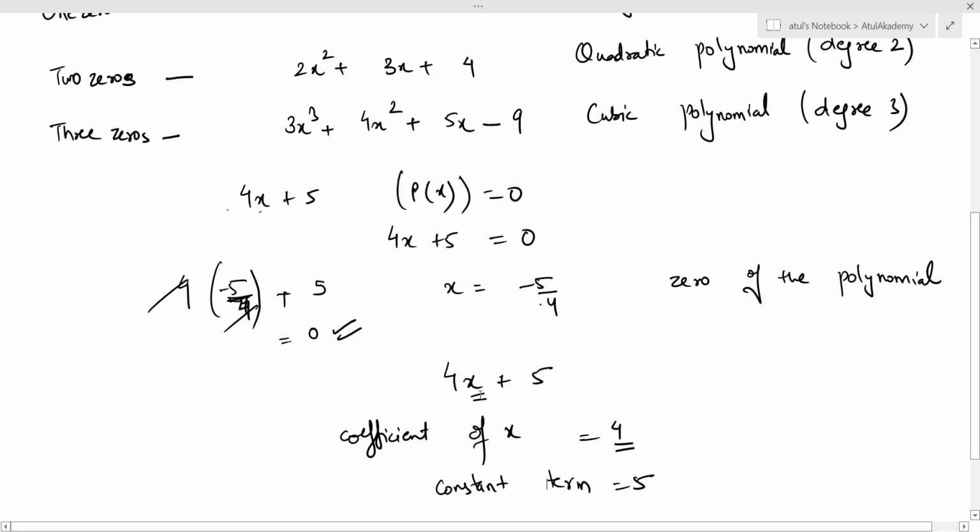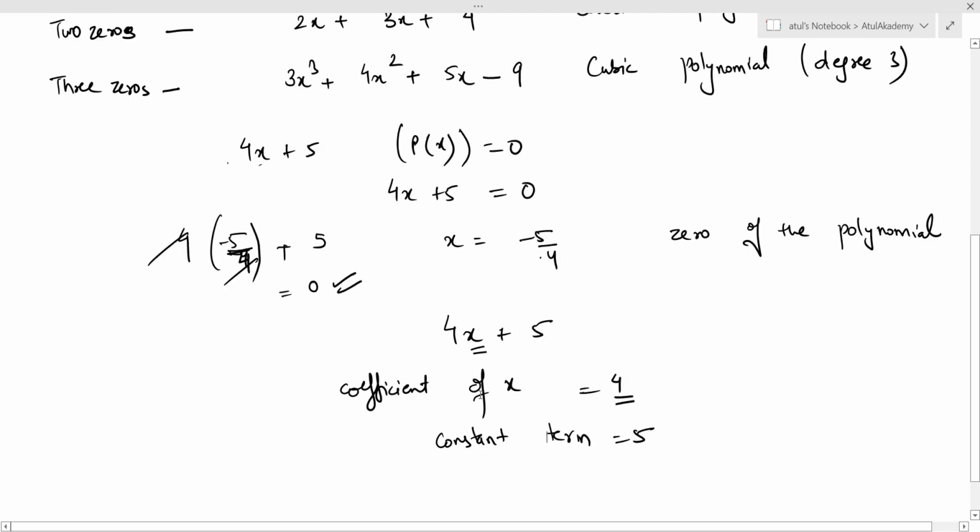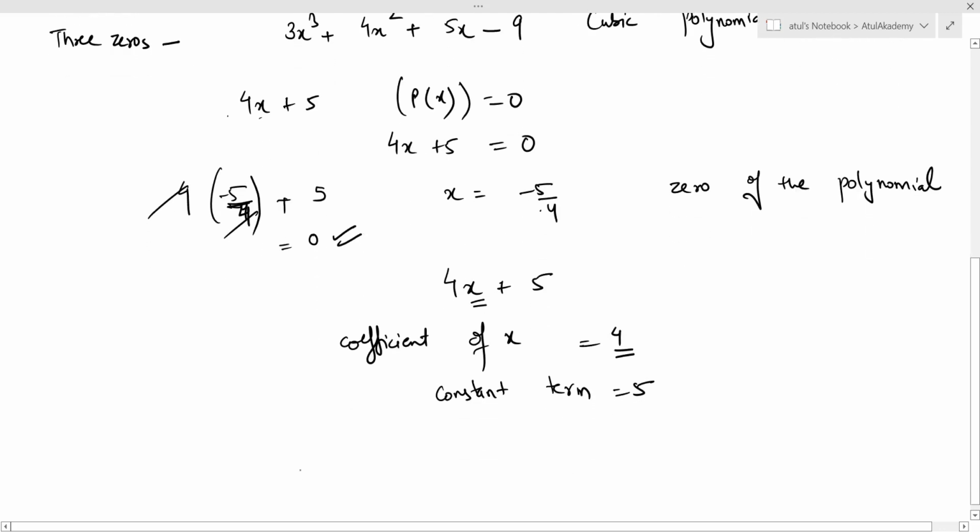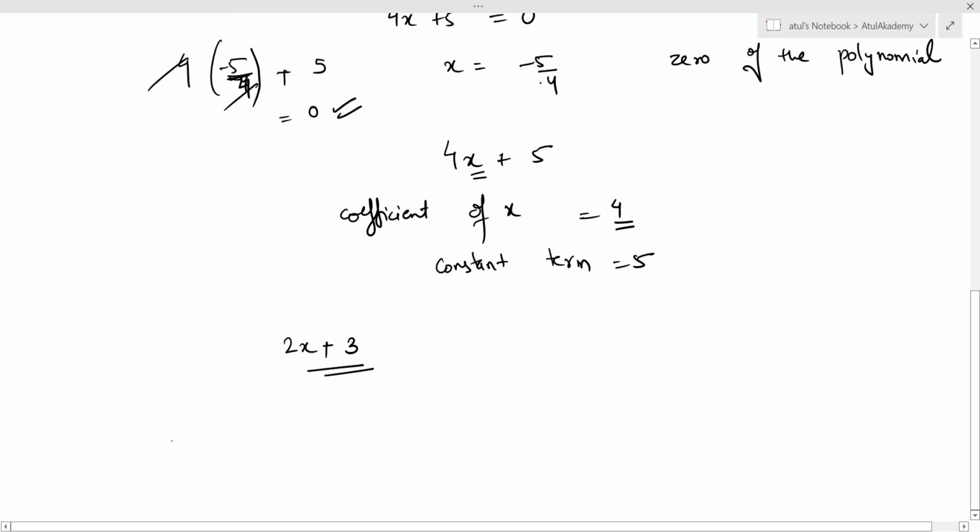Let us consider one more linear polynomial, say 2x plus 3. Let's try to plot the graph of this. I hope you all remember the linear equations you have done and how to plot the graph.